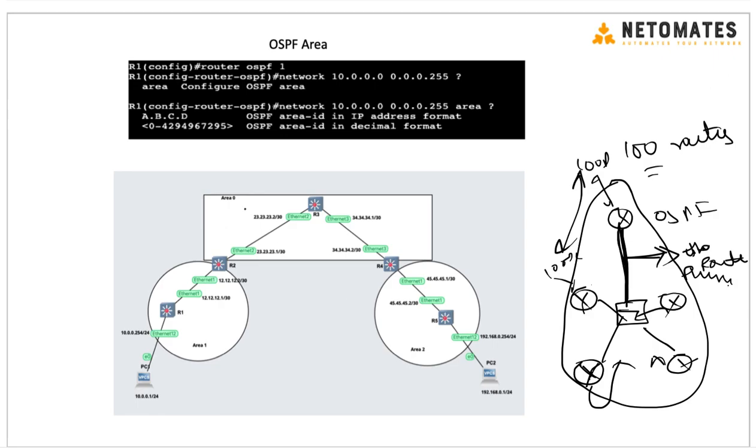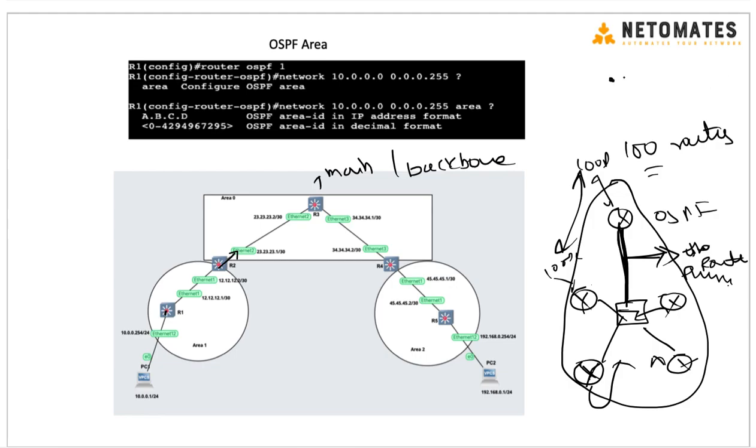So that's why it's mandatory to divide the OSPF network into areas. In this case, whatever routes are learned from R1, it will inject into area 0. Area 0 is the main area in OSPF, also called the backbone. It is always good practice to build the OSPF topology like this.